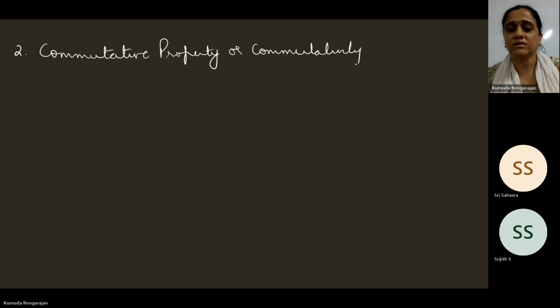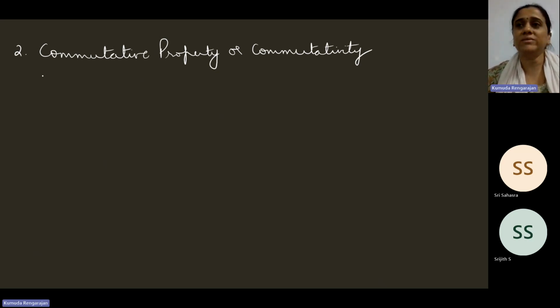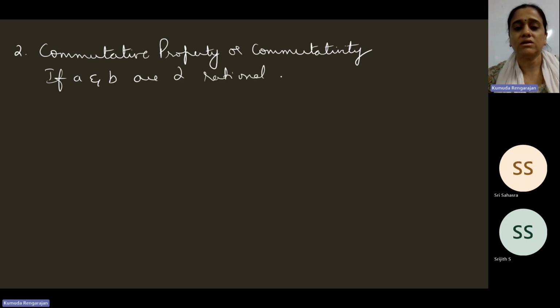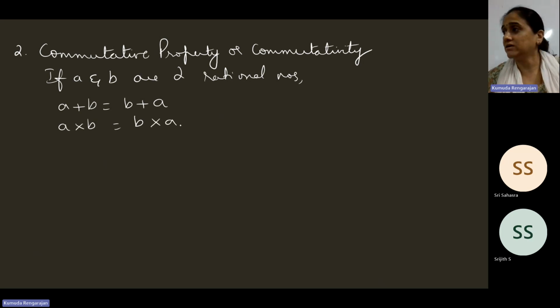If A and B are two rational numbers, A plus B is equal to B plus A, and A into B is equal to B into A.